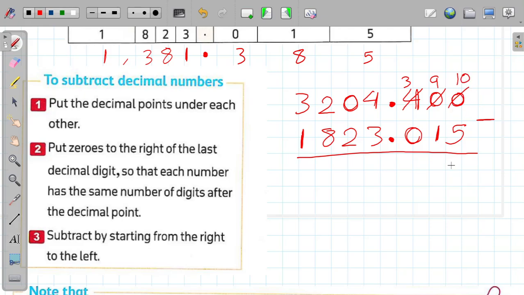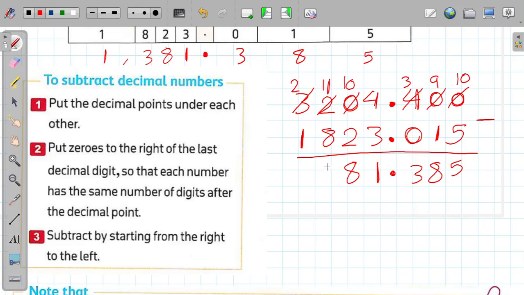Okay, so 10 minus 5 equals 5, 9 minus 1 equals 8, 3 minus 0 equals 3, and I will put the decimal point. Next I have 4 minus 3 equals 1, 0 minus 2 it can't be, so I will borrow from 2, it becomes 1, and 0 becomes 10, so 10 minus 2 equals 8, and 1 minus 8 it can't be, so I will borrow from 3, becomes 2, and 1 becomes 11.